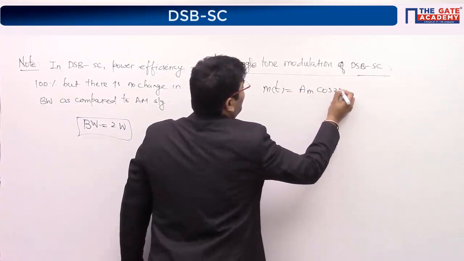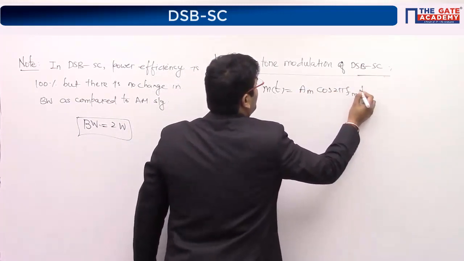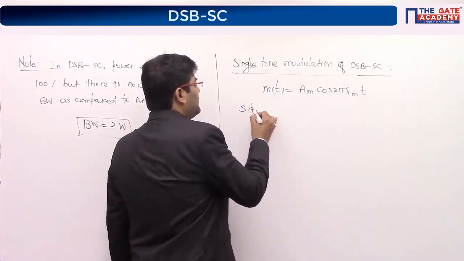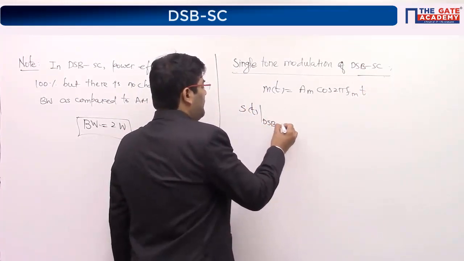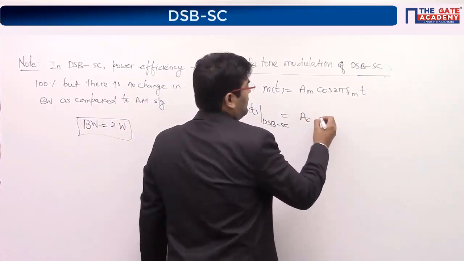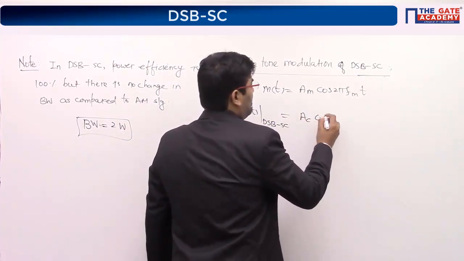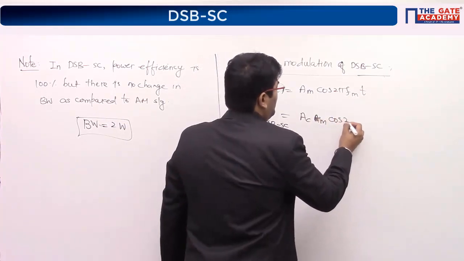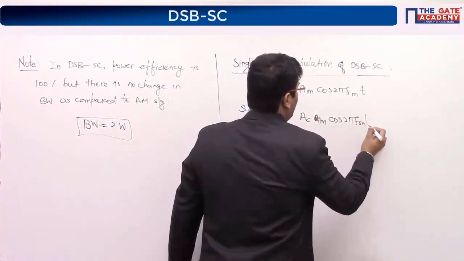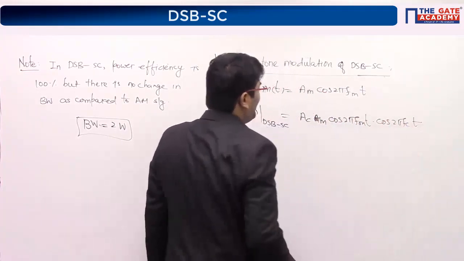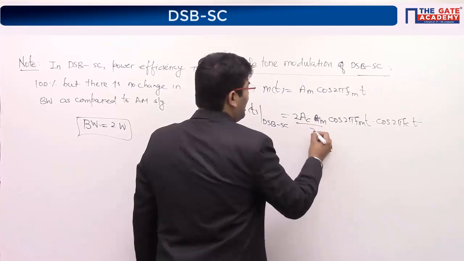We know this drill, we have done it so many times. So your s(t) for DSB-SC will become Ac Am cos 2 pi fm t into cos 2 pi fc t. Super easy. Multiply by 2, divide by 2.